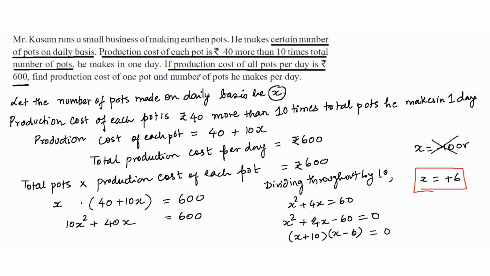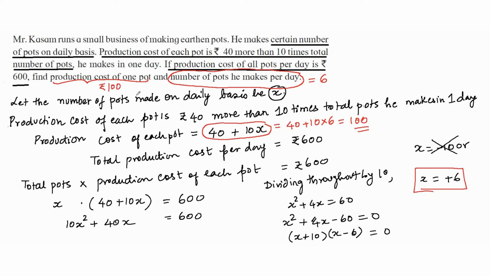The question says find the number of pots he makes per day. So that is going to be 6 pots per day, and the production cost of each pot is 40 plus 10x, right? That's 40 plus 10 times 6, which is equal to 100. So the production cost of each pot is rupees 100.